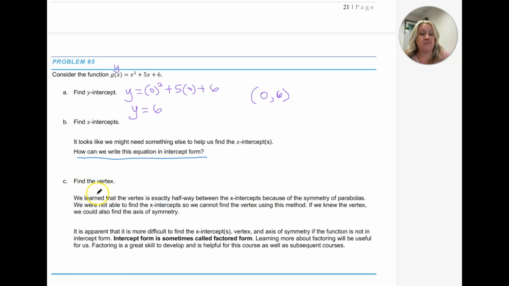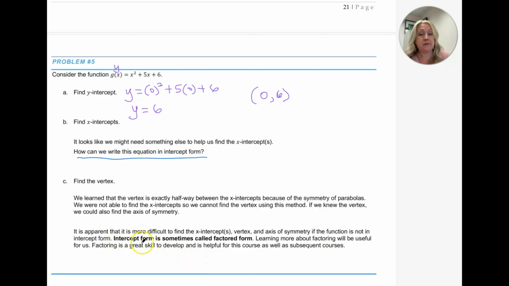If we were trying to find the vertex next, we learned that the vertex is exactly halfway in between our two x-intercepts, but we don't know what those x-intercepts are, so that's going to be hard to find, as well as our axis of symmetry. So it looks like we're going to need something else to help us do this.